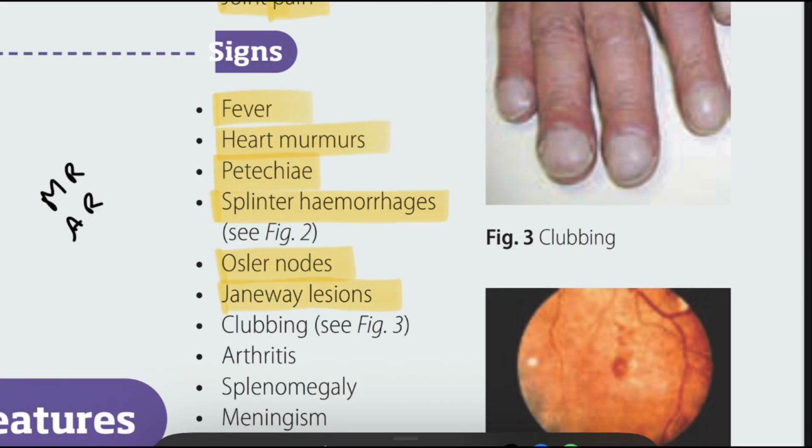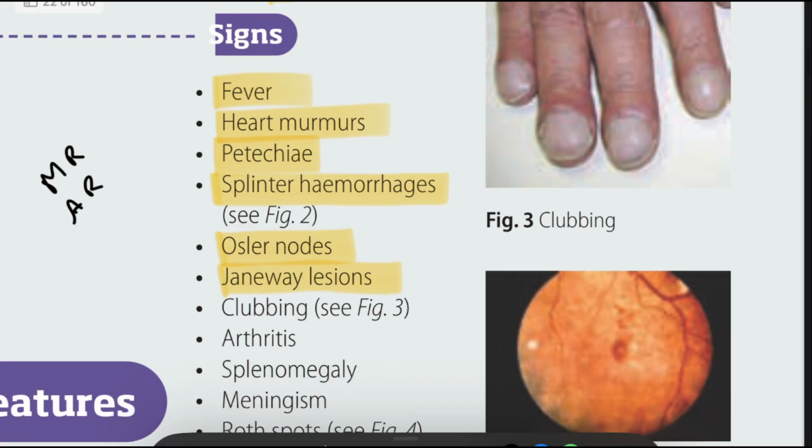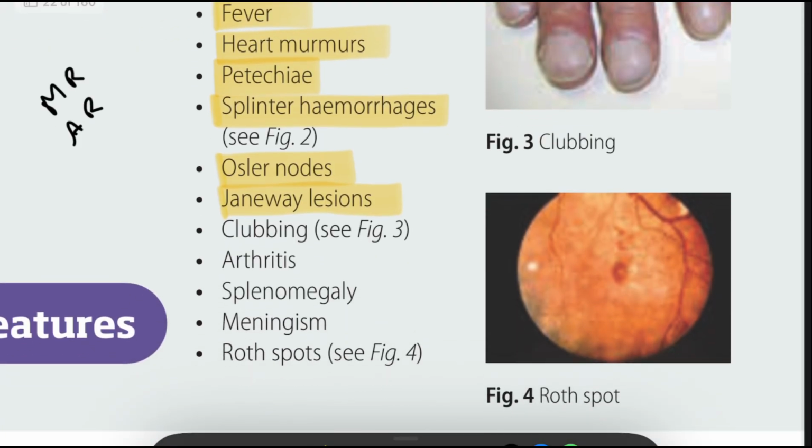Next, Janeway lesions are painless erythematous lesions we can see on palms and soles. The main cause is septic emboli. Next, Osler nodes are painful nodules we can see on finger and toe pads. Osler nodes are caused by immune complex deposition.